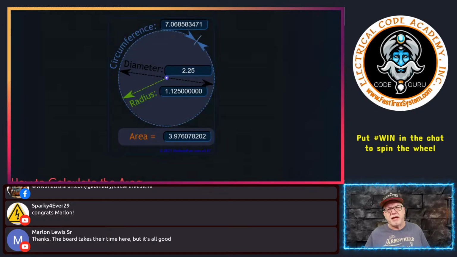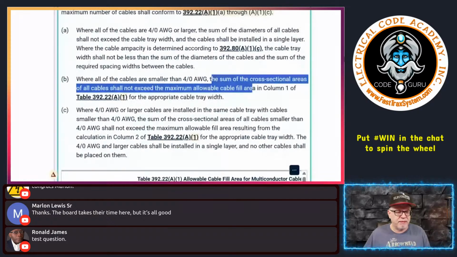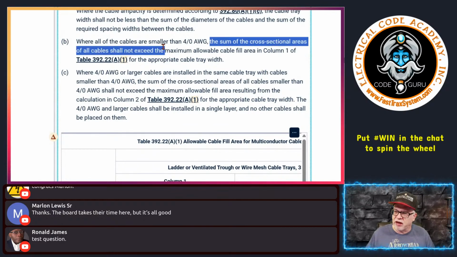But most of the manufacturers will give you this information, okay? Just so you know. So we have to have the sum of the cross-sectional area of all the cables. So again, where it says where all the cables are smaller than 4/0, it says the cross-sectional area of all cables.